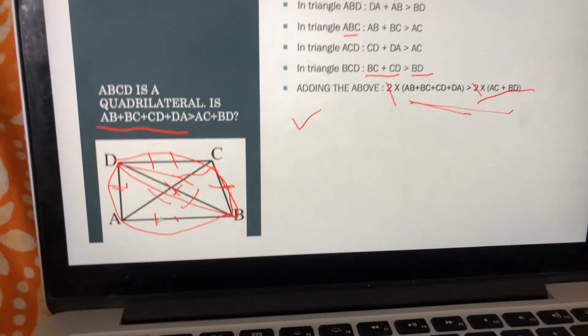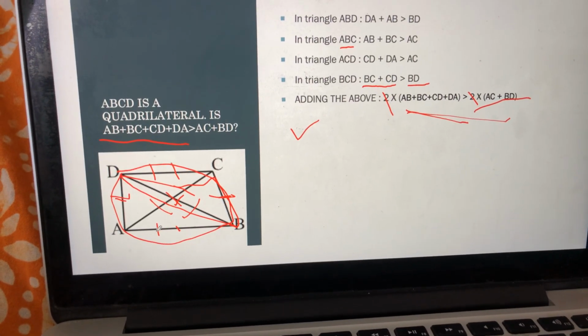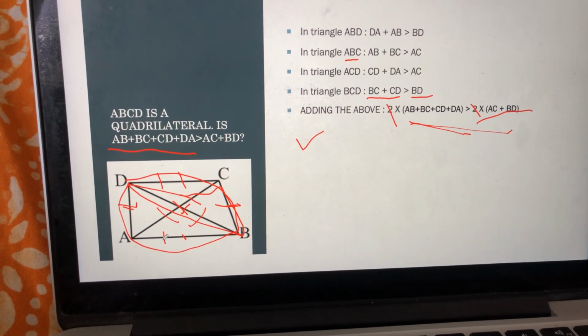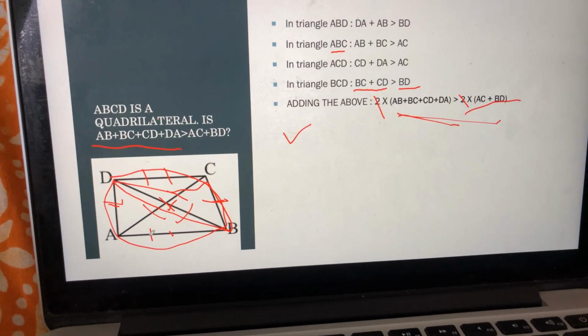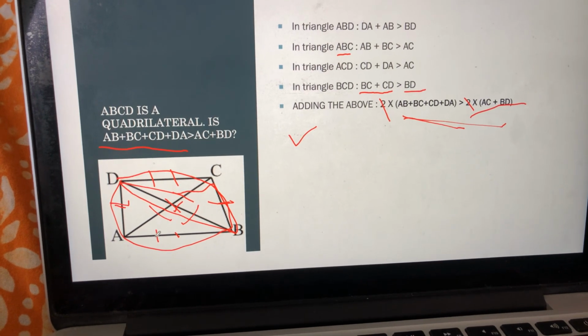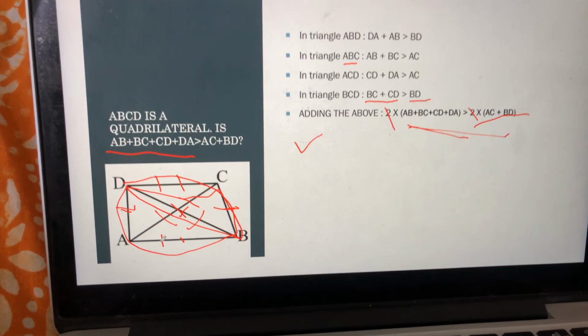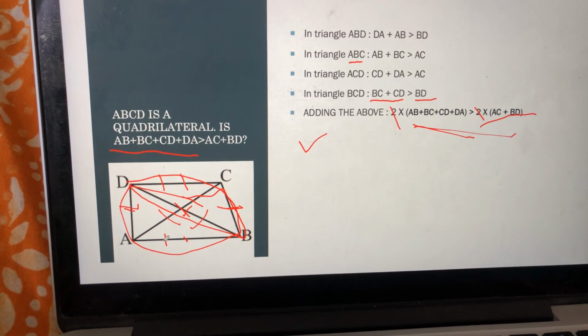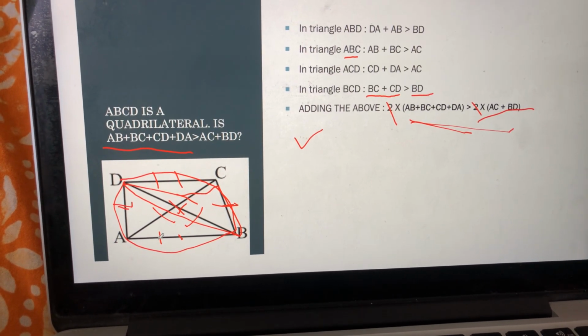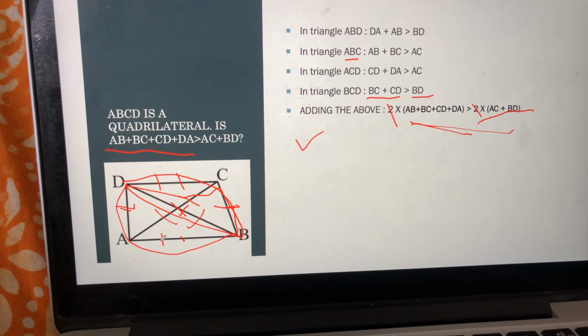So given a quadrilateral, split it into 4 different triangles or any number of triangles that you see, and use the concept that the sum of two sides of a triangle is greater than the third side to prove the question statement.